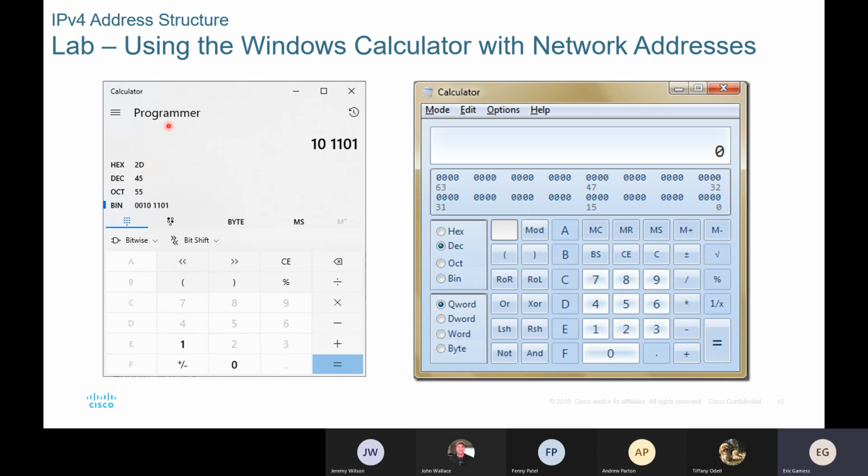With the programmer calculator, you can specify the base. For example, if you click here, only the 0 and 1 keys will be available because you are going to type a number in binary. If you click here, you are using the octal base, which uses 0 to 7.